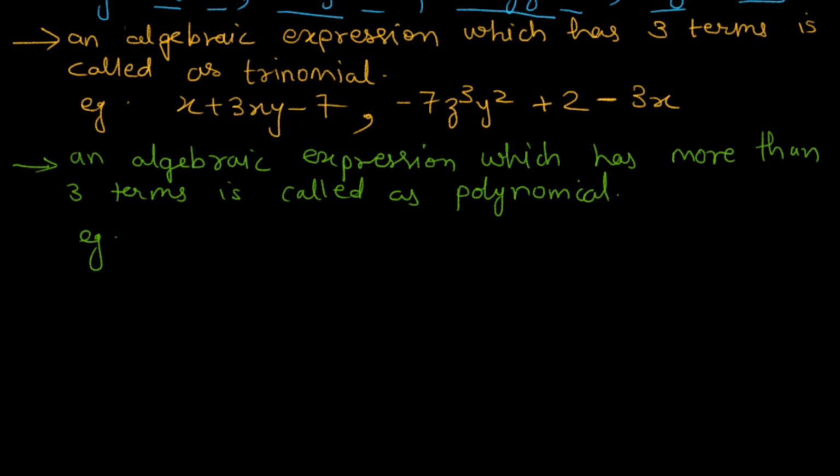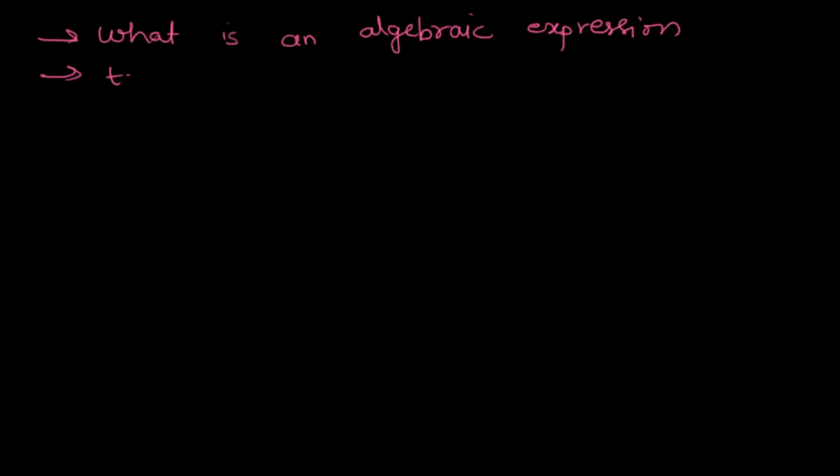So let's revise what we have covered here. We have first covered what is an algebraic expression. Then we saw terms and factors. After that, we saw constants and coefficients.